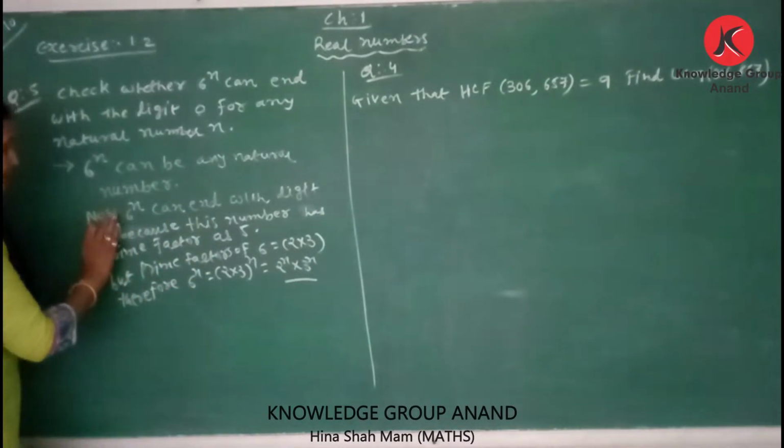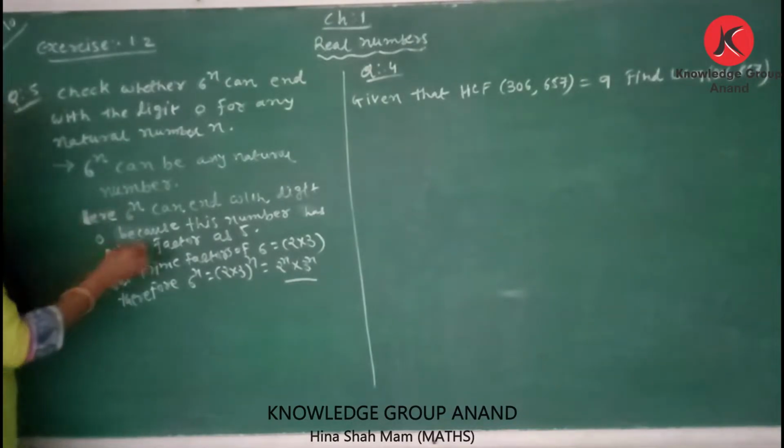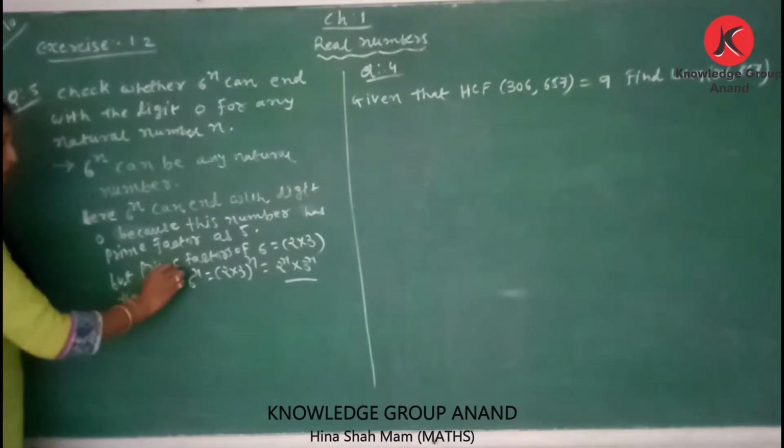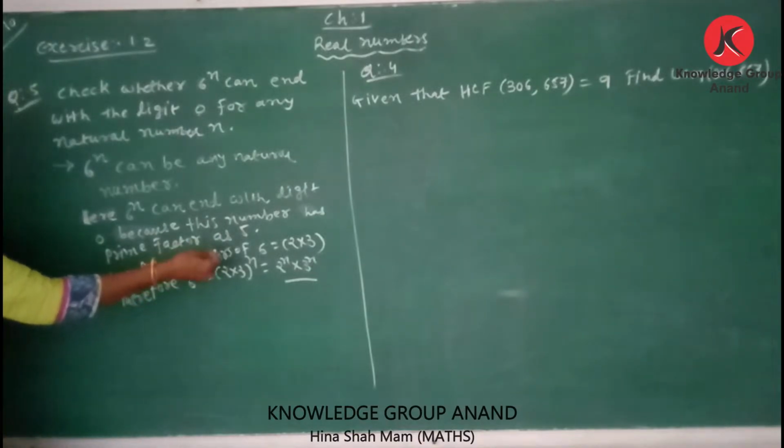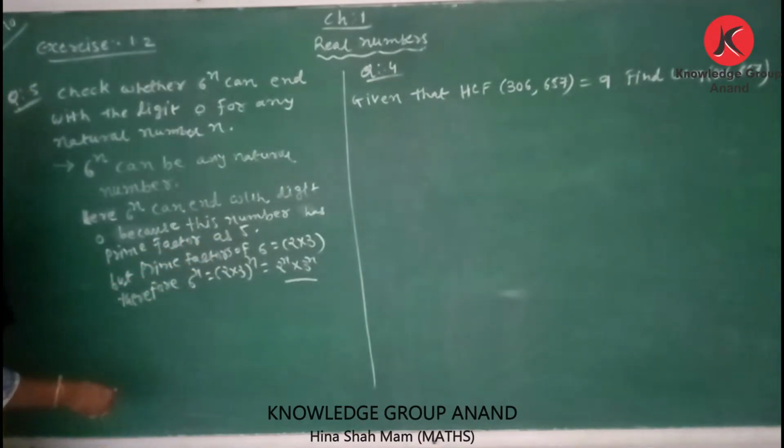But prime factors of 6 are 2 into 3. Therefore 6 raised to n is equal to 2 raised to n into 3 raised to n.